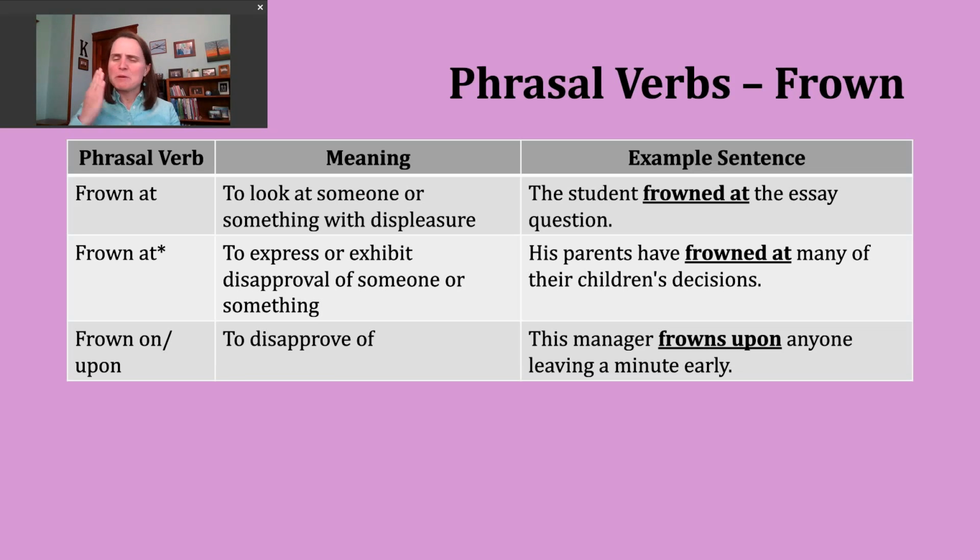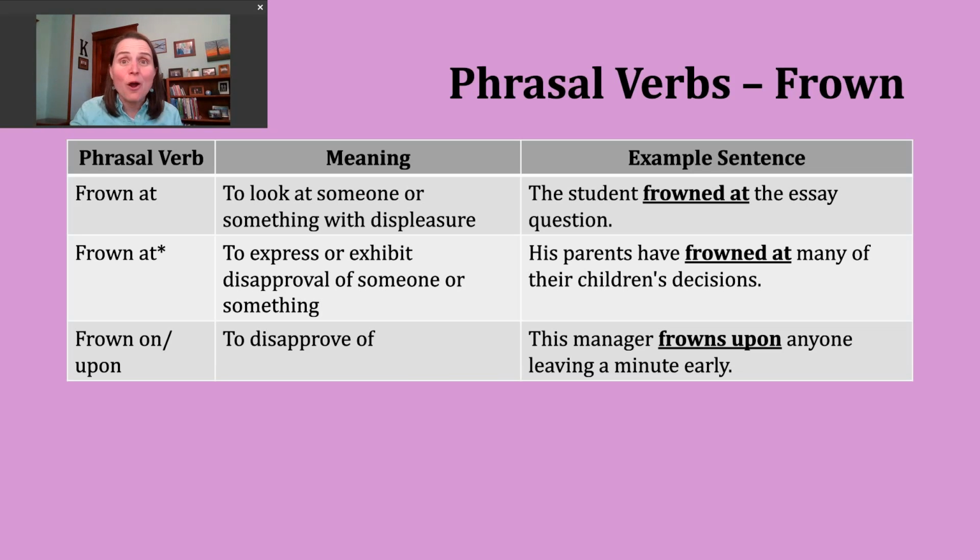So here, maybe we're talking about someone who is very strict, right? Not going to be happy if this particular person finds that workers or employees are leaving their shift even just a single minute early. So they do not approve.